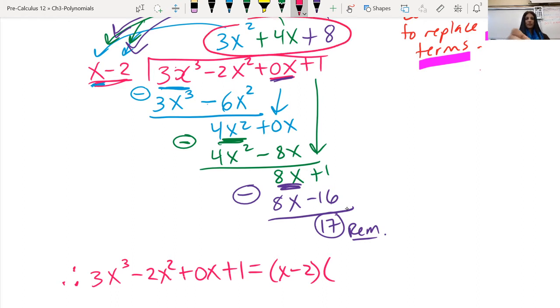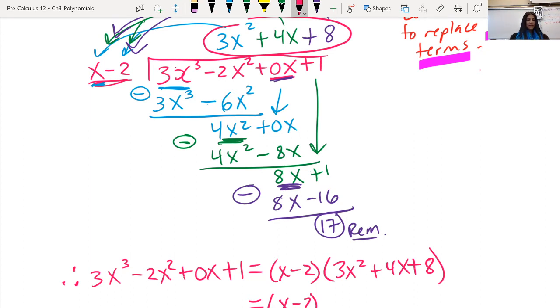Times 3x squared plus 4x plus 8. And we're not quite done because we would want to factor this out if we can. And we're not able to. We can just leave it as is.